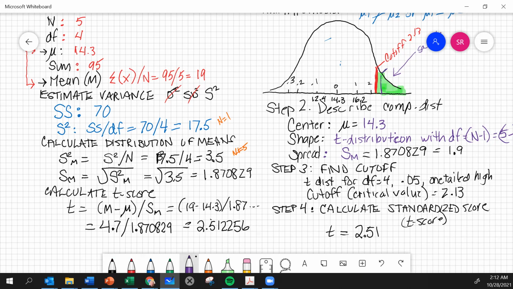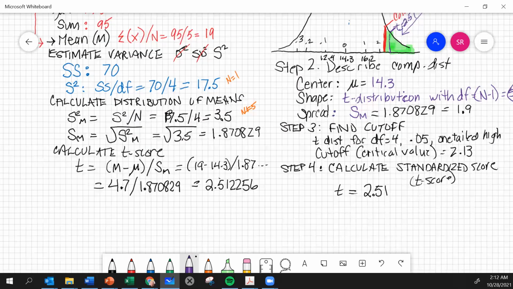And so this is our sample score, our sample mean, I should say, our standardized mean, t-score, equals 2.51. This makes sense because we look at where our 14.3 is. Here's 16.2. Next, we would have 18.1, and our 19 score that we had for our sample would reasonably be right about here. So this all makes sense.